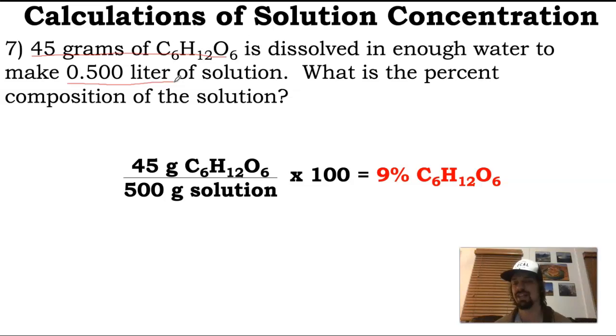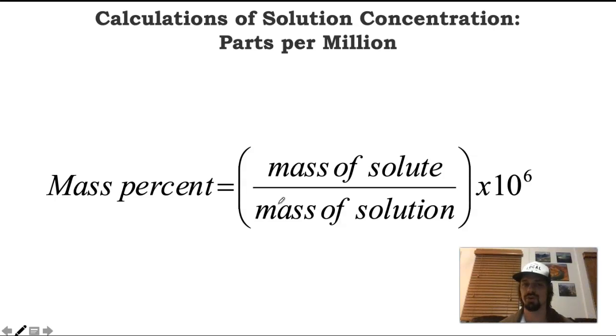Section number 2. Percent is typically what you see at a grocery store. If you're reading papers, or if you have a really small concentration, the next two are more common.